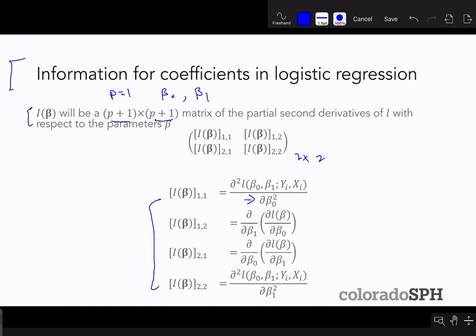That's going to be the inverse of the variance for beta 0. The last element is the second derivative of the log likelihood with respect to beta 1, which is the inverse variance of beta 1. And then you have these cross-diagonal terms, which are actually equivalent to each other. You would say that this is equal to this. And that's going to be the partial derivative of the log likelihood with respect to beta 1 and beta 0. And this is where you get the covariance of beta 1 and beta 0.